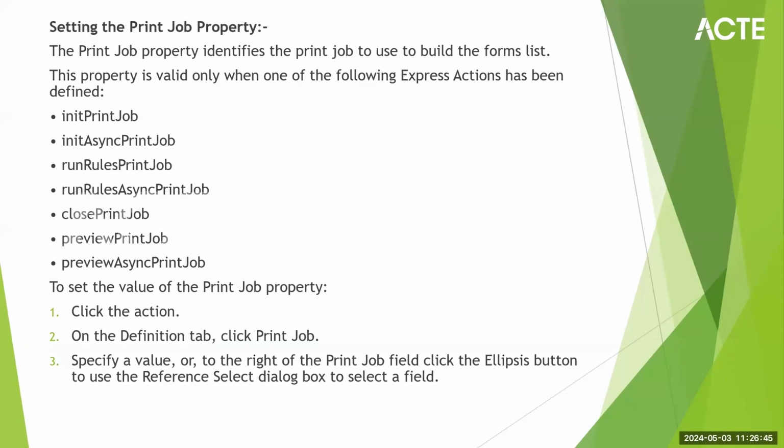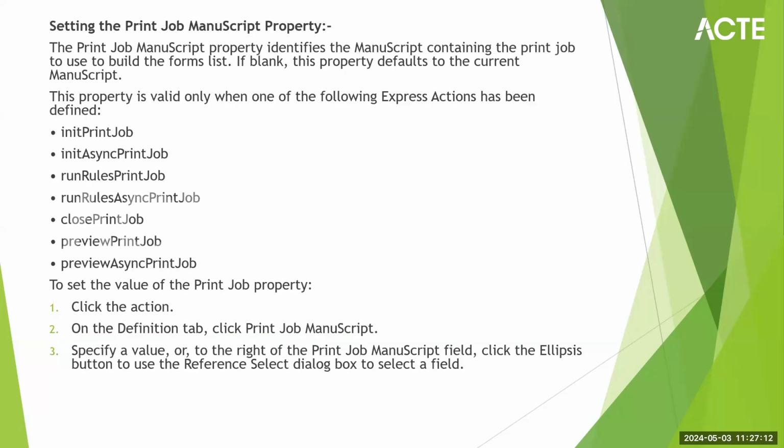Init print job, init async print job, run rule print job, run rule async print job, close print job, preview print job, preview async print job. To set the value of the print job property using these properties, click on the action on the definition tab, click on the print job, specify a value, or you can directly map that particular field which is already existing in the manuscript.